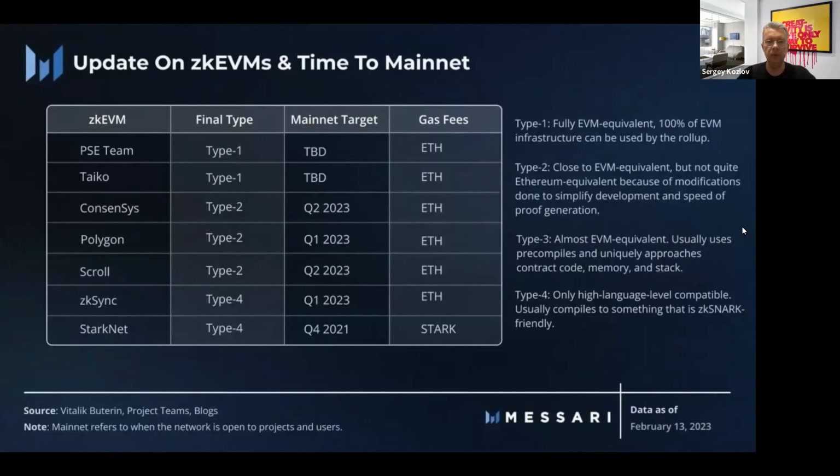But for the payment of gas fees, you see that on all ZK-EVMs, with the exception of Starknet, you use real Ethereum. For Starknet, because it's the fourth type of ZK-EVM, only partially compatible, they use their own token, and they have a different type of addresses. It's much longer. So again, it's bad for compatibility, but it's very good for calculation of the proofs.